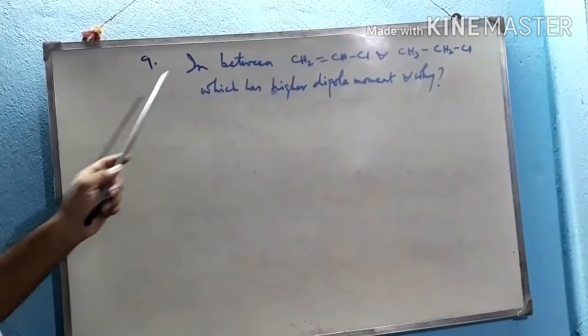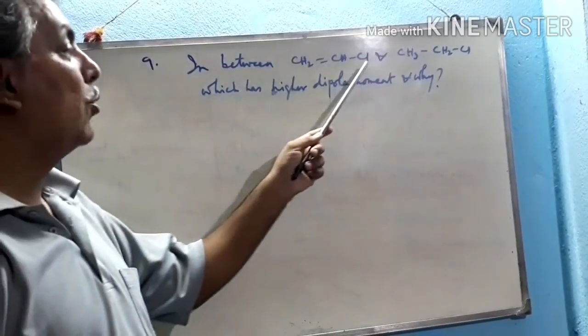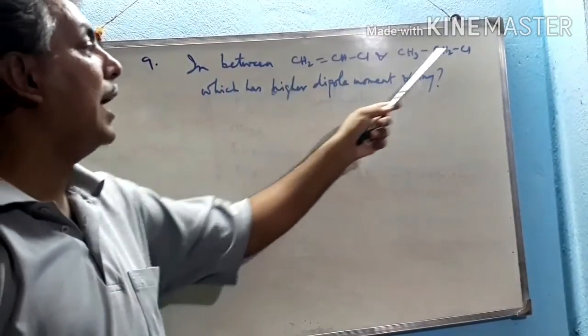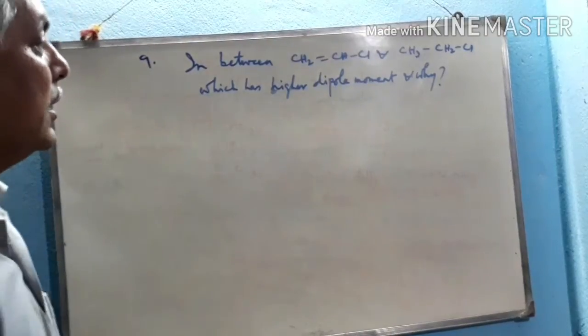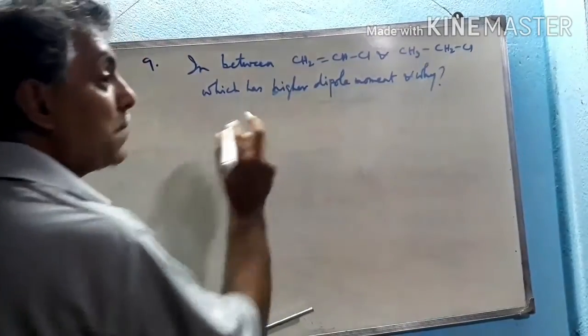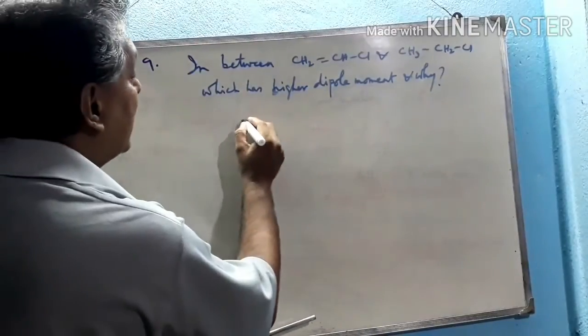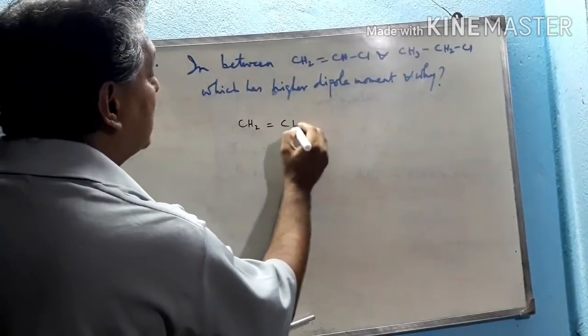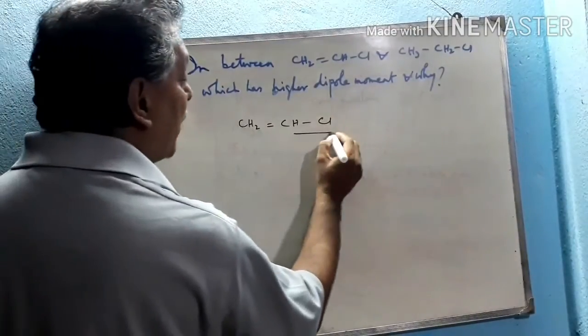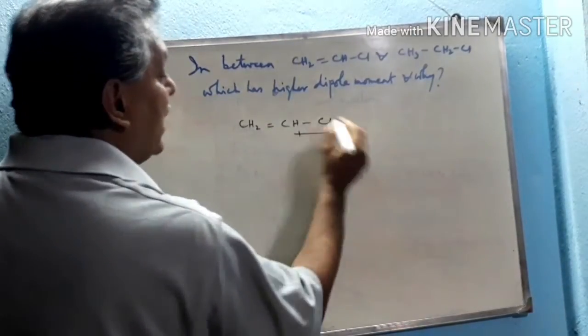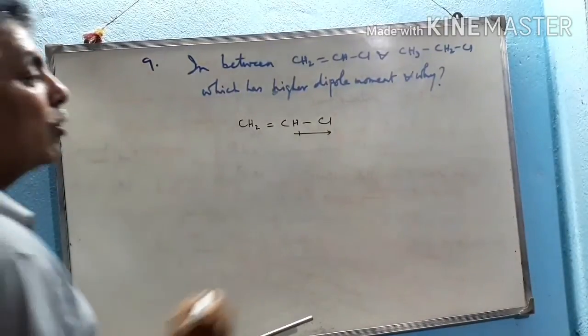Number 9: between vinyl chloride and ethyl chloride, which has the higher dipole moment, and why? With respect to the sigma bond, as chlorine is more electronegative than carbon, it withdraws electron density, hence the dipole moment direction is towards the chlorine atom.